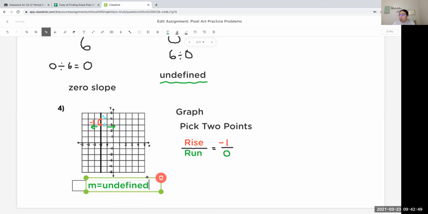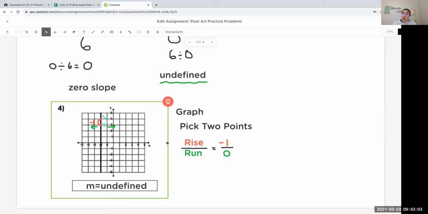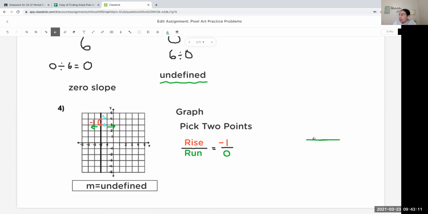So that's what's cool about your graphs, is you don't always have to do work for your graphs when we have these up and down lines or your side to side lines, your horizontal lines. I don't want to give it away. I don't want to give out a spoiler.